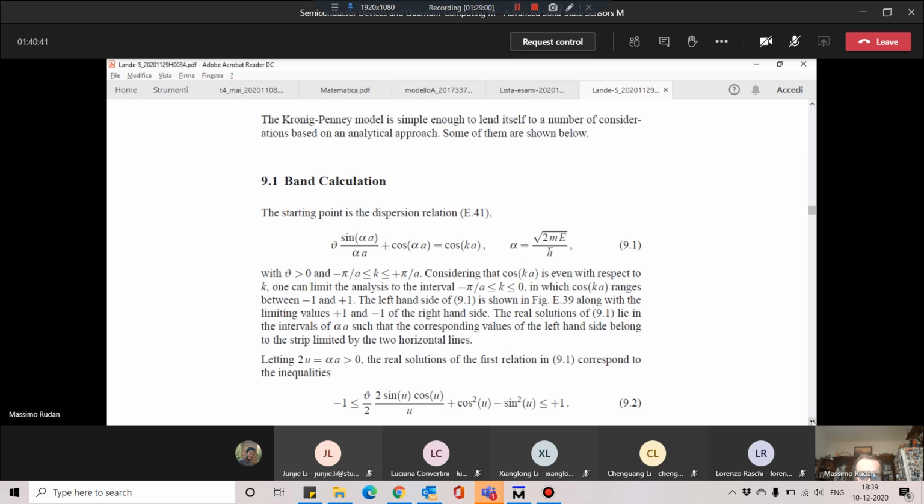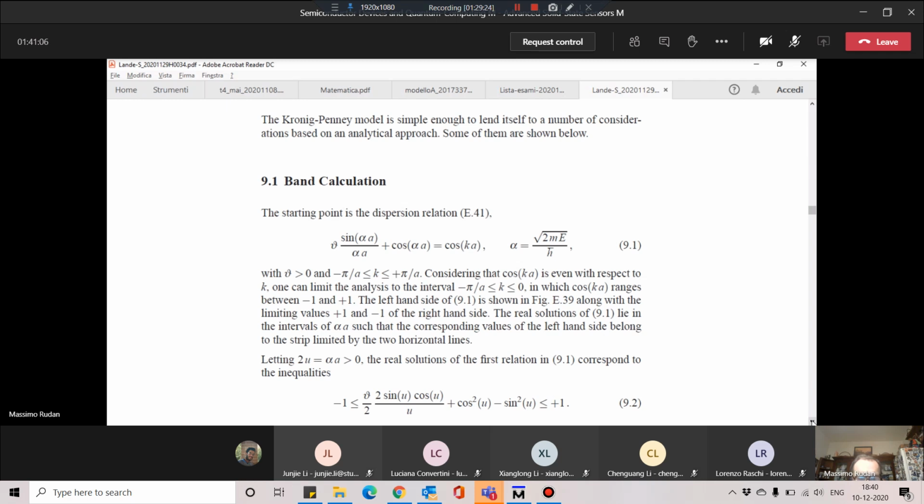If we don't, if we impose that the right-hand side is larger than 1 or smaller than -1, of course we can do it, but then we go into the complex field because the cosine becomes something that is complex. So we still can do the calculation, but we don't find the bands anymore.